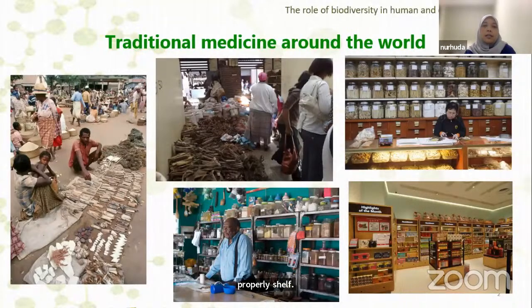And then the one on your top right is a picture from a traditional Chinese medicine shop, and the one below is a modern herbal shop. So it can be in any form, anywhere. Next, please.